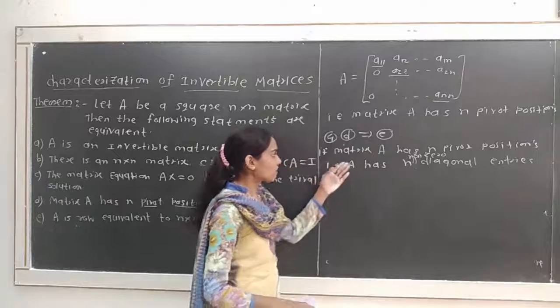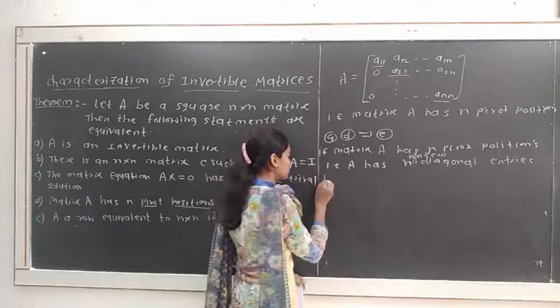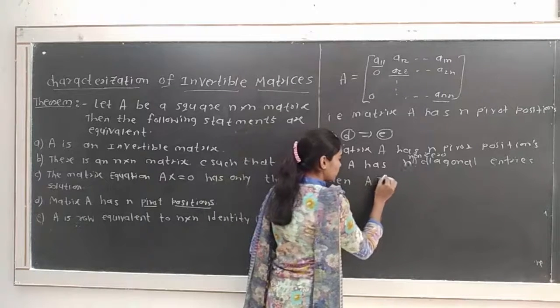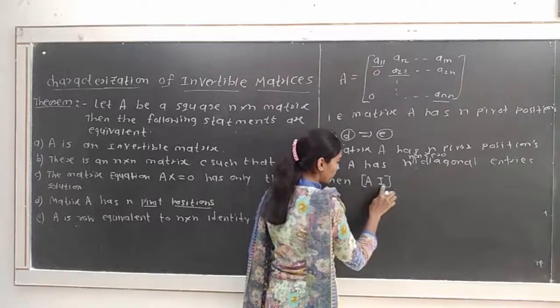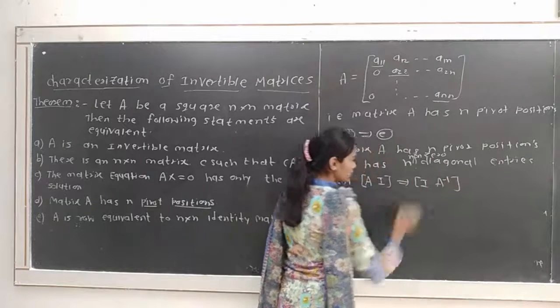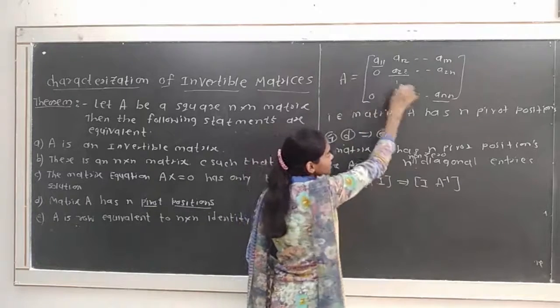Okay, and if A has n non-zero diagonal entries, then we can easily convert the augmented form [A I] to [I A inverse].